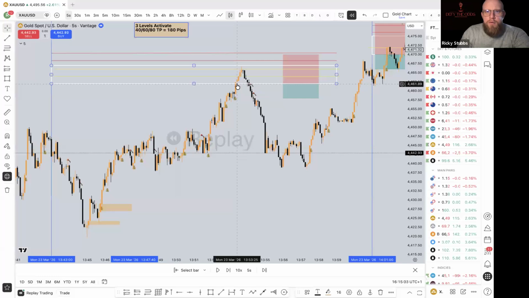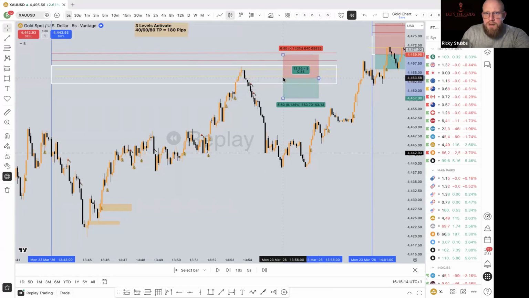Okay. Price then drops and activates our next entry level. So we now have a potential of 40 pips plus 60 pips, because now we have 2 potential positions to hit this target.